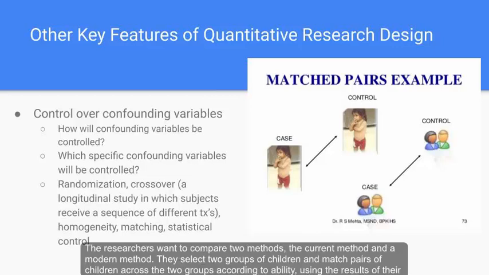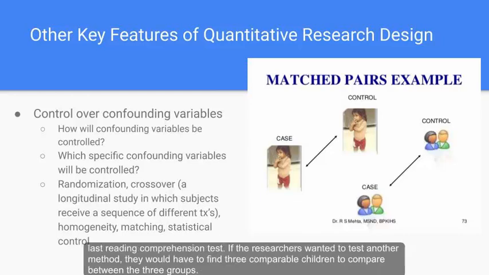The researchers want to compare two methods, the current method and a modern method. They select two groups of children and match pairs of children across the two groups according to ability, using the results of their last reading comprehension test. If the researchers wanted to test another method, they would have to find 3 comparable children to compare between the 3 groups.